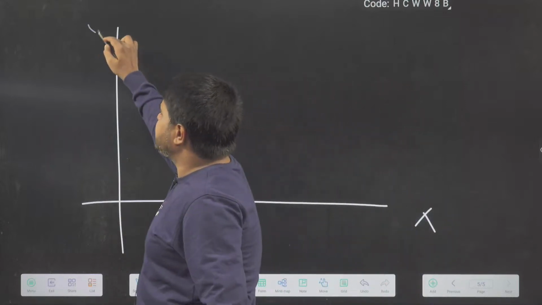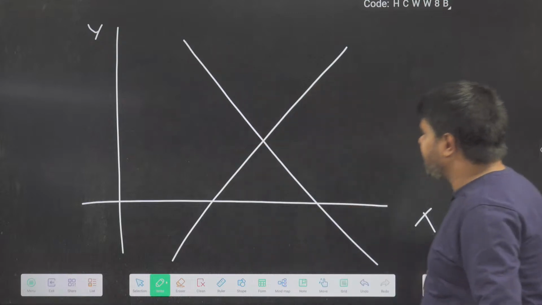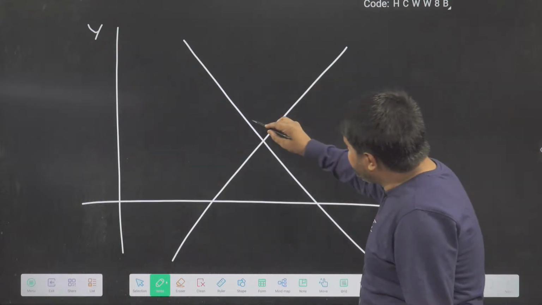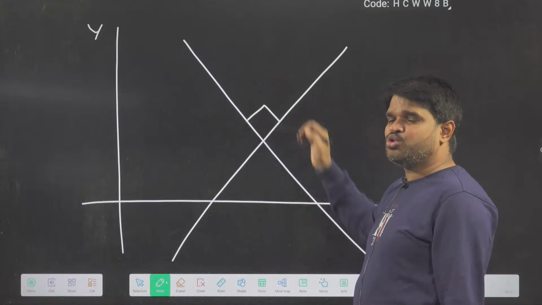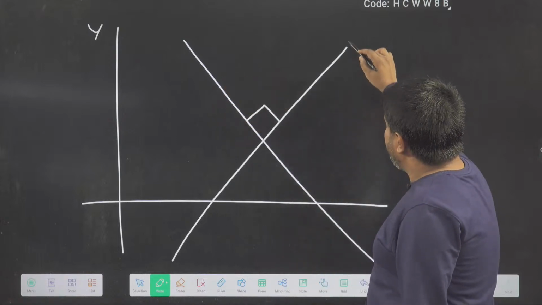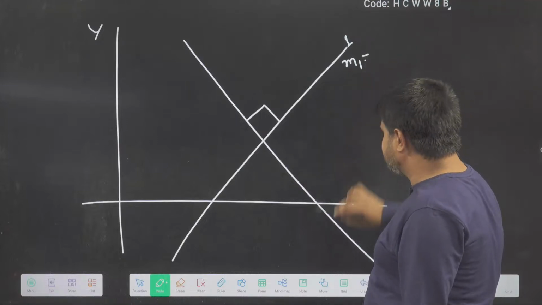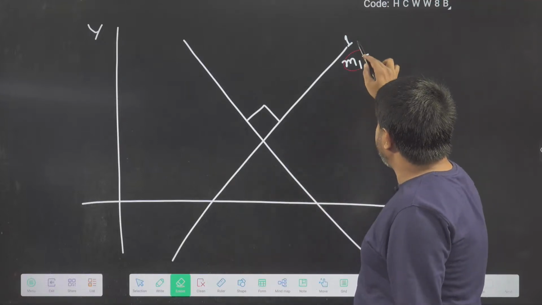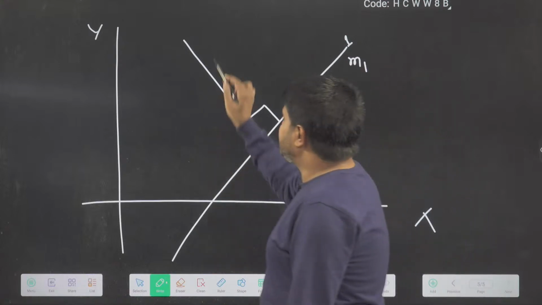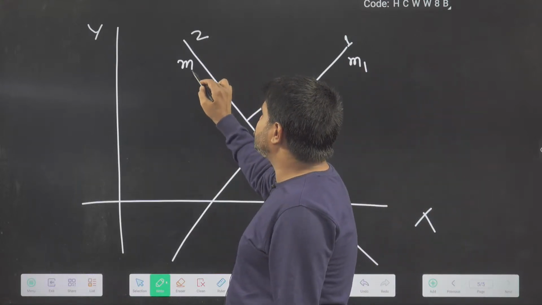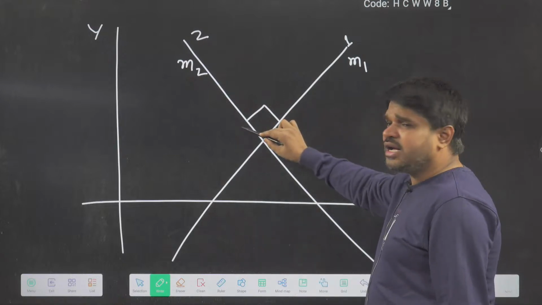See, suppose x-axis, y-axis. This is one line, this is another line. These two lines are mutually perpendicular. Let's say this is line number 1, its slope is m1. This is line number 2, its slope is m2.